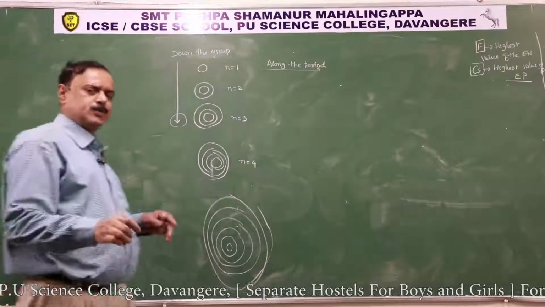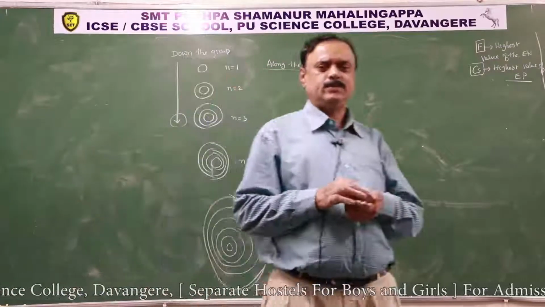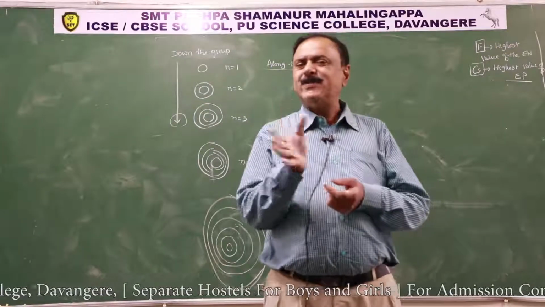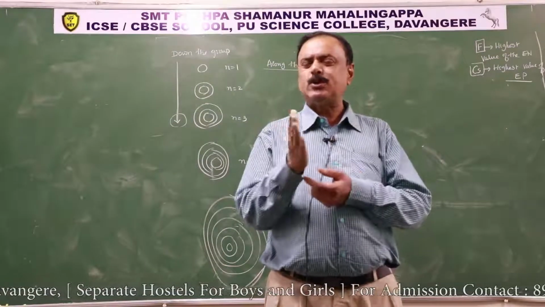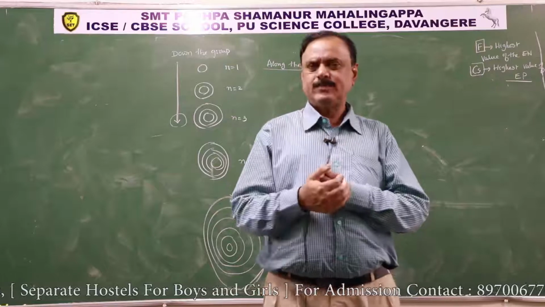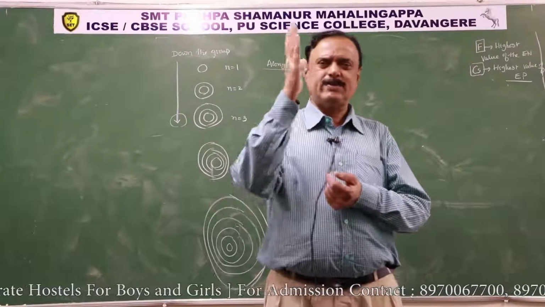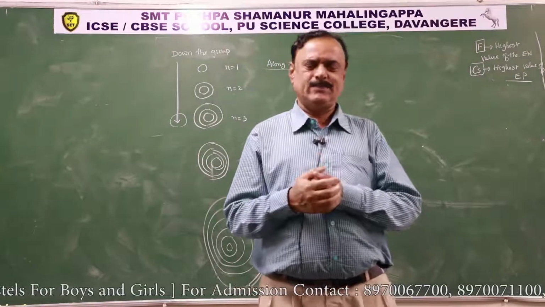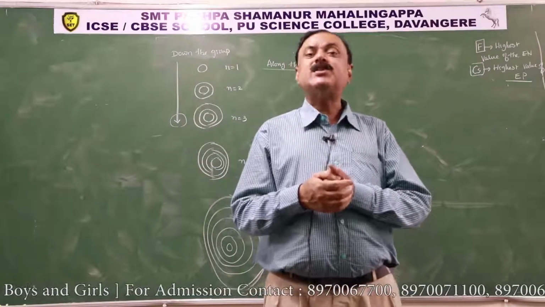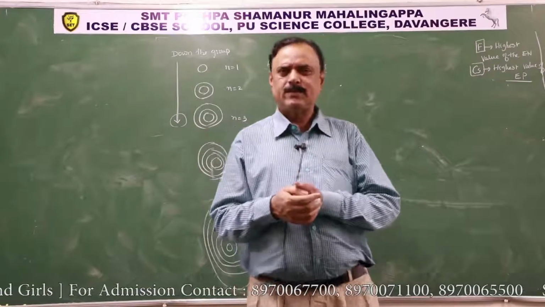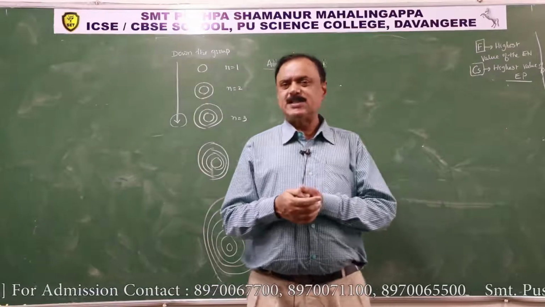When you move down the group, the number of electrons in the outer shell or outer atomic orbital is fixed, that is 1 or 2 electrons. But the number of shells increases by 1 unit.